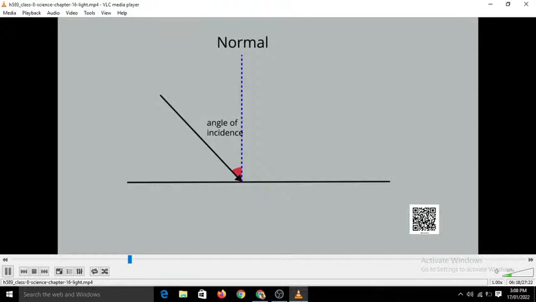It is represented by letter I. The angle between the reflected ray and the normal at the point of incidence is called the angle of reflection. It is represented by letter R.